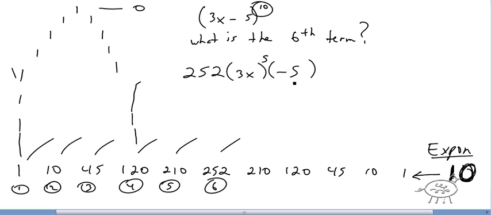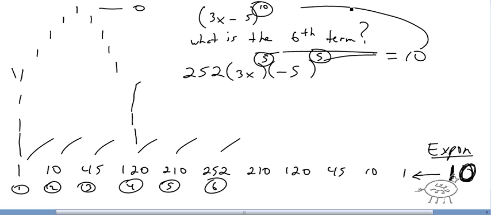That's also going to be to the 5th power, because you can look at it a couple different ways. It starts at 0, then goes 1, 2, 3, 4, 5. And those numbers have to add up to 10. They have to add up to that exponent. That's just a way to check it.